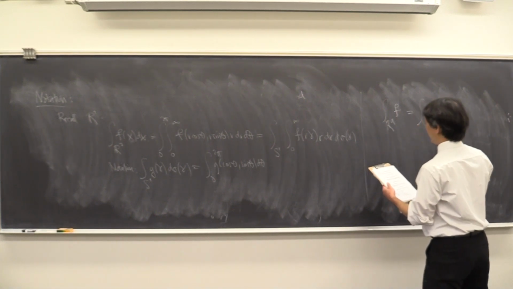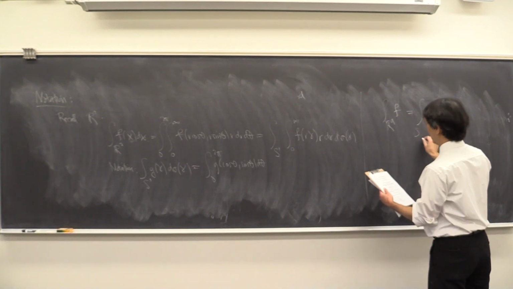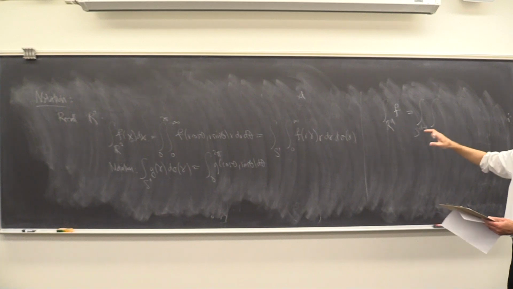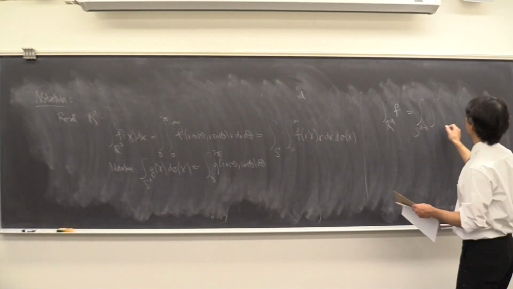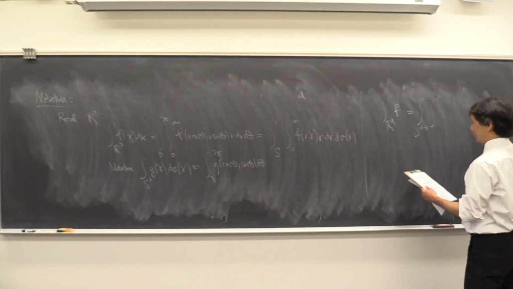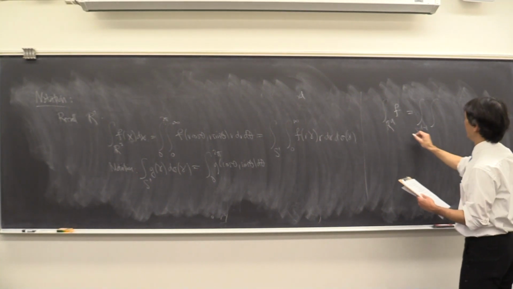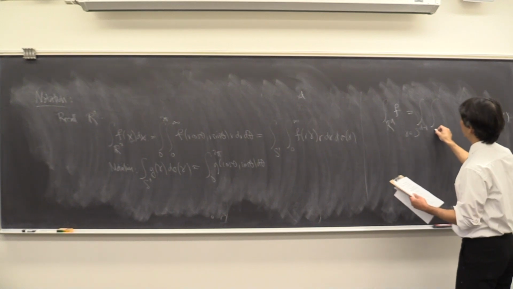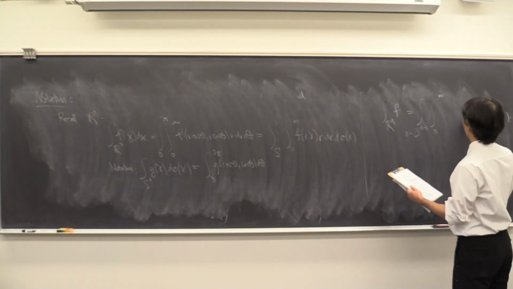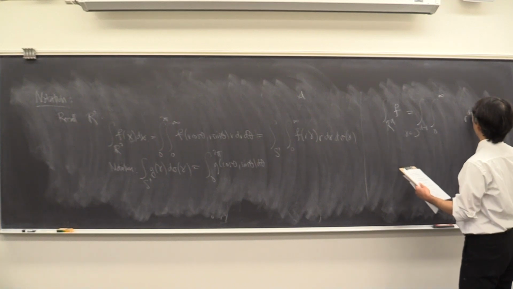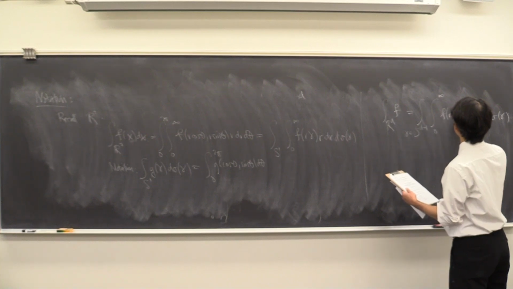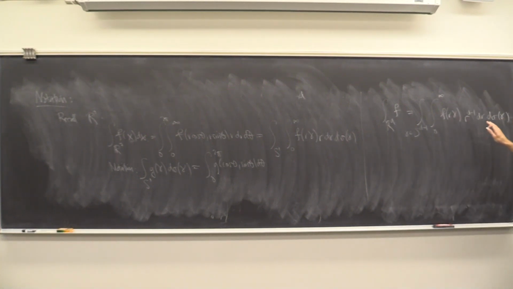You integrate over the sphere in R^d, d sigma(gamma), where gamma ranges over the sphere, and you integrate as r goes from 0 to infinity. This time, of course, you get r^(d-1) f(r gamma). Okay. So this is a formula that we're going to use a lot.